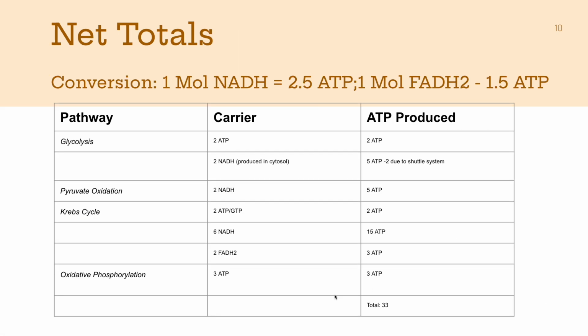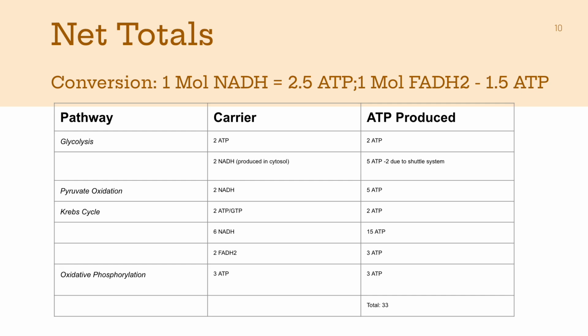So net totals, we talked about the conversions earlier. Glycolysis will net us 2 ATP, and those 2 NADH net us 5 ATP. However, we have to understand that we are going to lose a couple of ATP because that NADH is produced in the cytosol, and it is not able to work itself into the mitochondria because that membrane is impermeable to NADH.